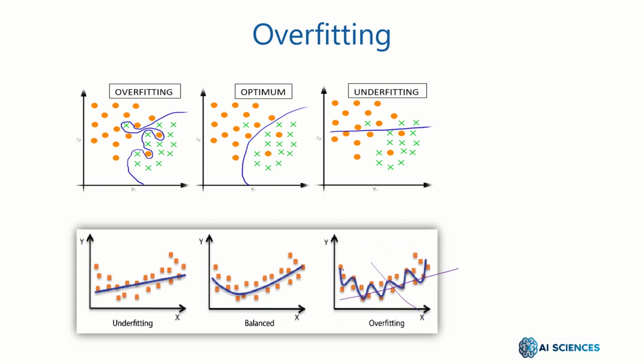But that leads to overfitting. Overfitting means you learn the training data so well that it cannot generalize onto unseen data. You memorize the training data, and you do not know what to do on the new problem.